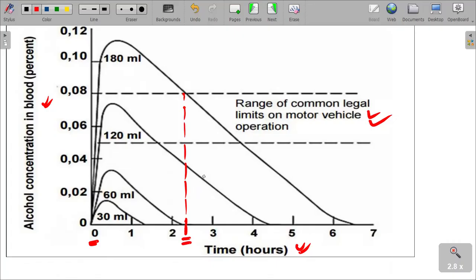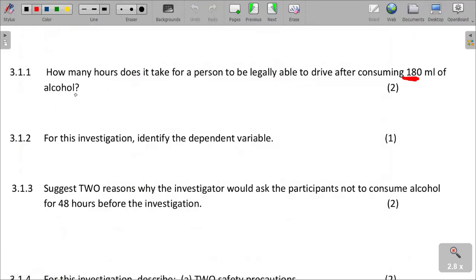Here, we are looking at this level where the person is able to go back to normal. So the normal time is here. At the normal time, we read the horizontal time there, which is 2 hours, 40 minutes. We can see that from the graph there.